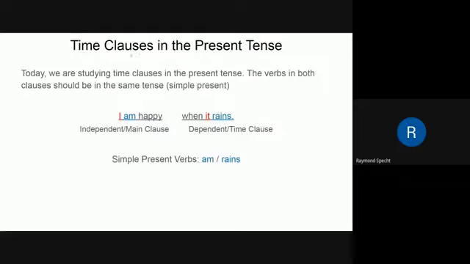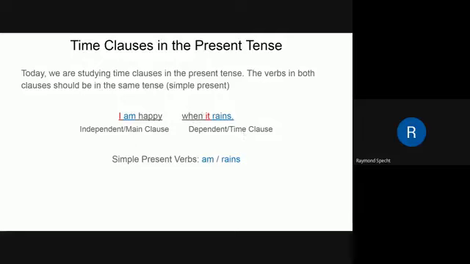Okay, so time clauses in the present tense. Today we are studying time clauses in the present tense. The verbs in both clauses should be in the same tense, simple present. And we previously learned about simple present in the past unit. All right, I am happy when it rains. I am happy is your independent or main clause. When it rains is your dependent or time clause.